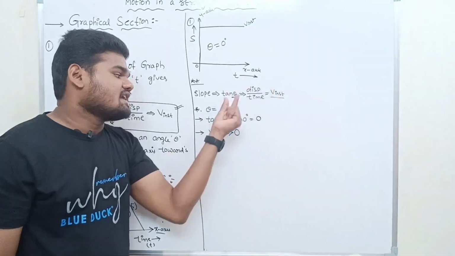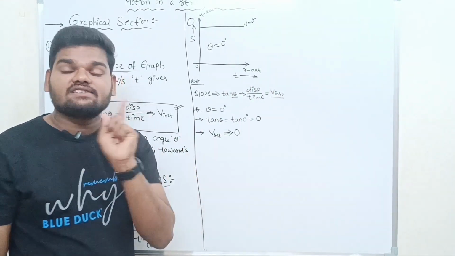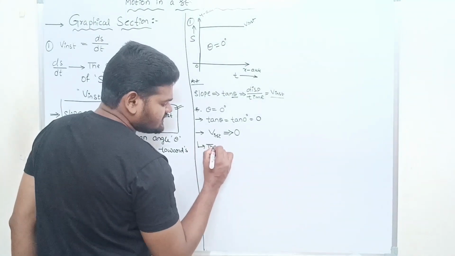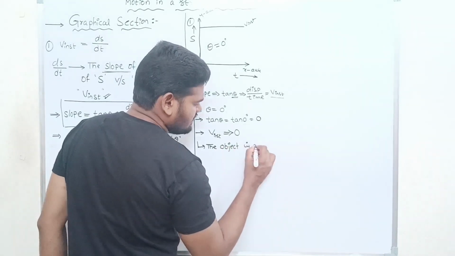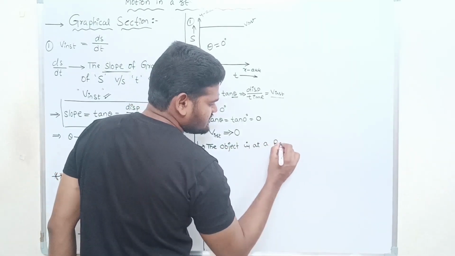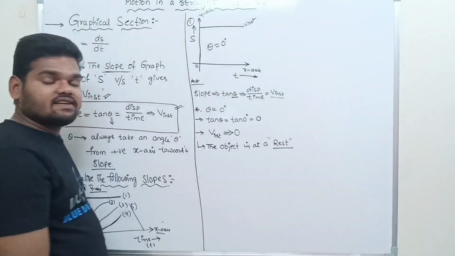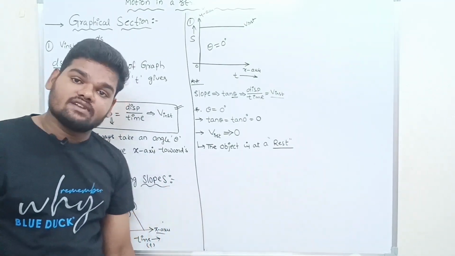Then instantaneous velocity is also 0. Velocity of the object is 0. Then we can say that the object is at a rest position. The object is at a rest position because the velocity of the object is how much? 0. Is it clear?